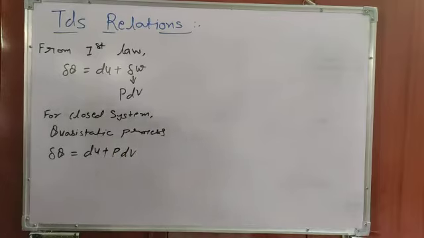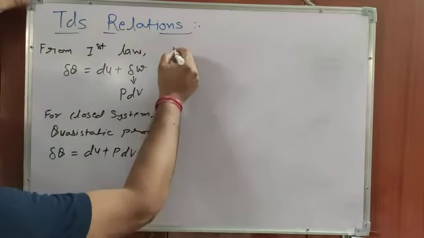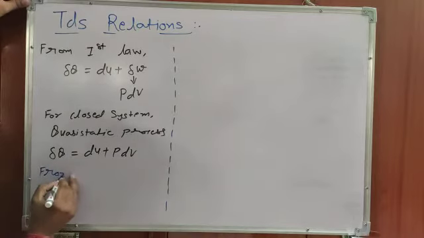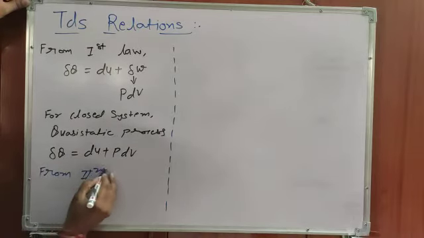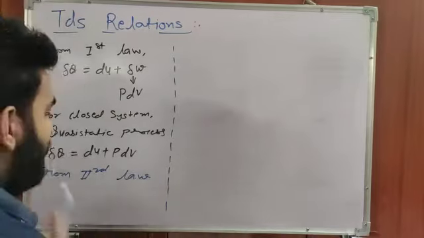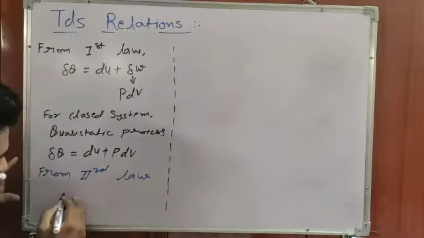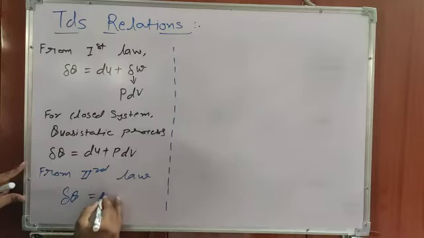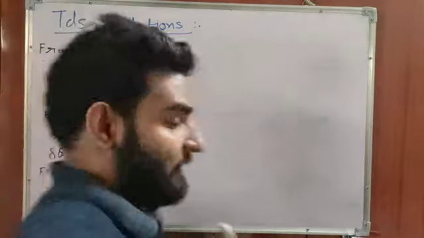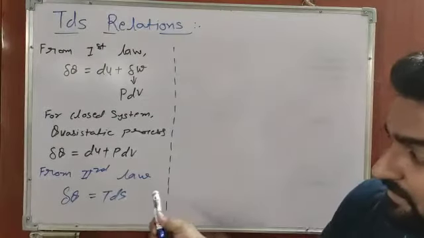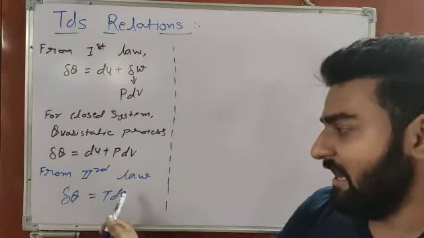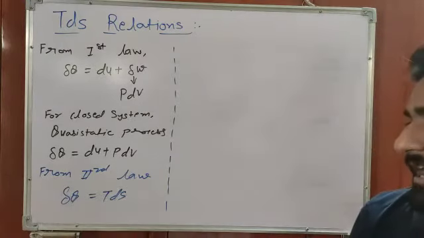Now from the second law, what is the second law? Del Q is equal to TdS. We have derived this relation between heat interaction and the change in entropy.